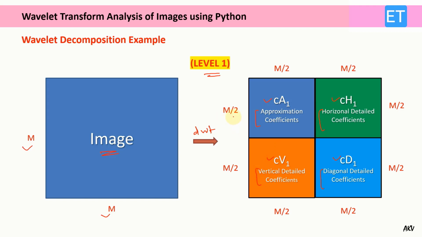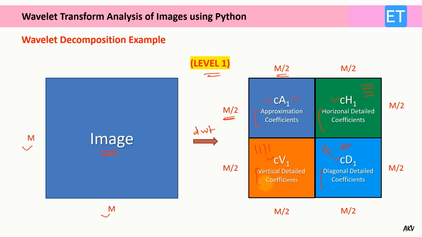And because of the downsampling, their size is reduced to half of the image, that is m by 2, m by 2. This approximation coefficient matrix obviously will include all the low frequency detail of the image, while this horizontal detail coefficient matrix will include mostly the horizontal edges, and the vertical detail coefficient matrix will include the prominent edges which are vertical in nature, and this diagonal matrix will highlight all those diagonal edges.